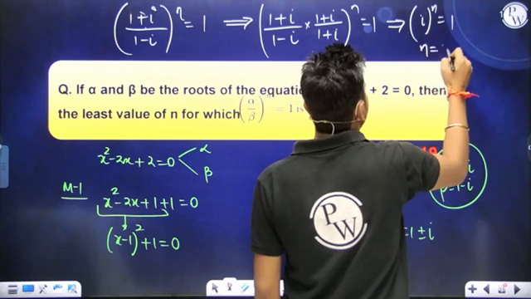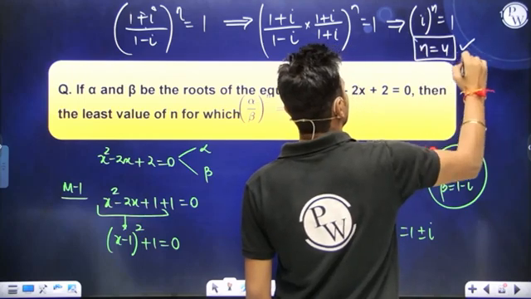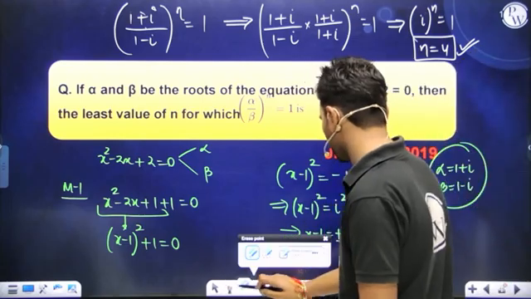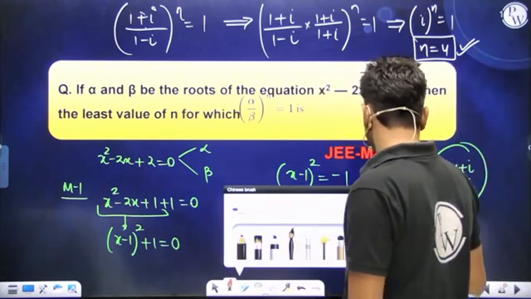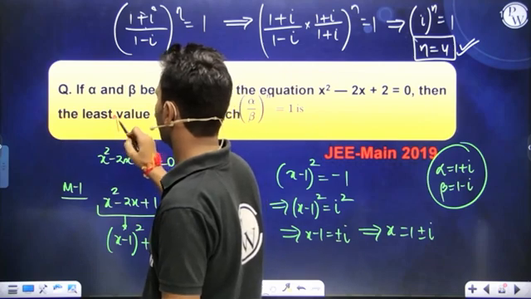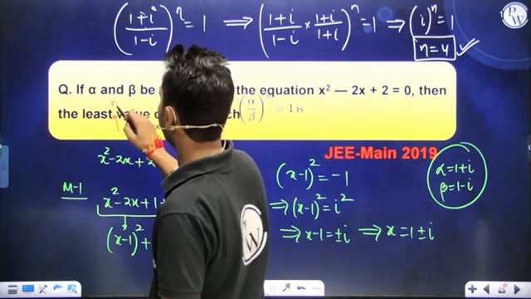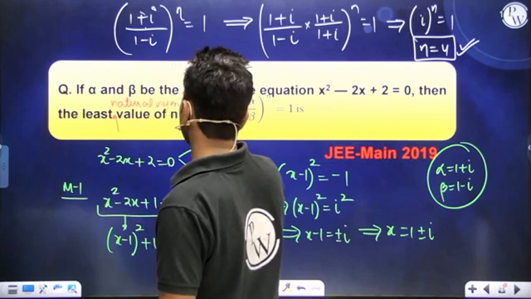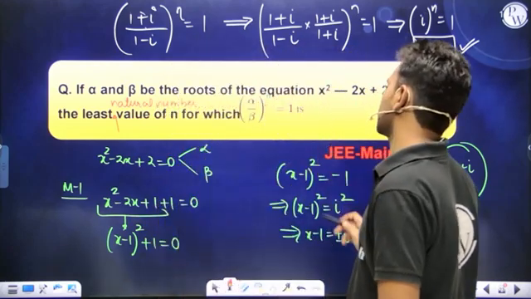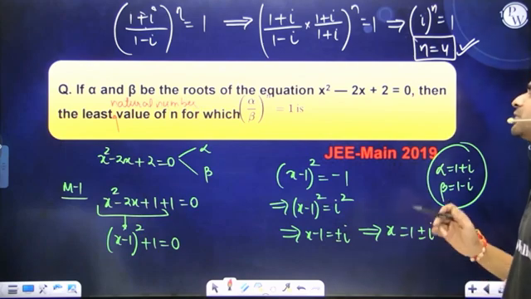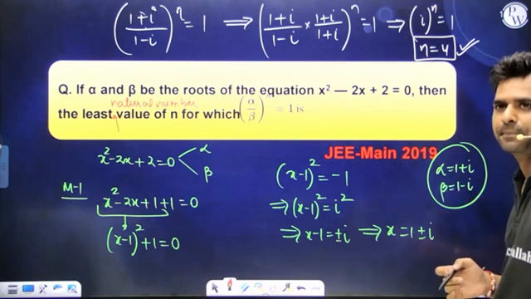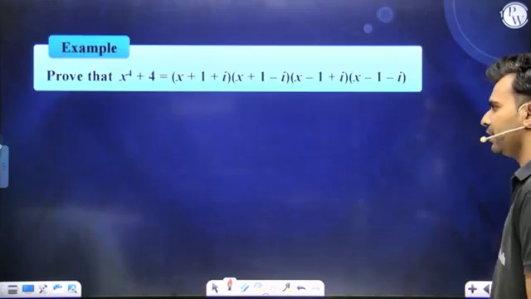So the least value of n is going to be 4. Let me tell you one more thing: it is the least natural number for which this equals 1, because if it were the least whole number, the answer would have been 0. I think the problem is clear to all of you.